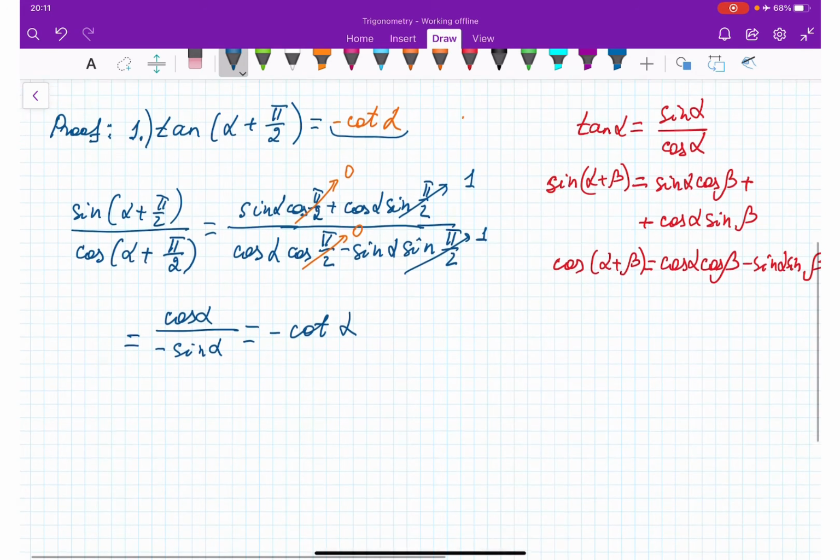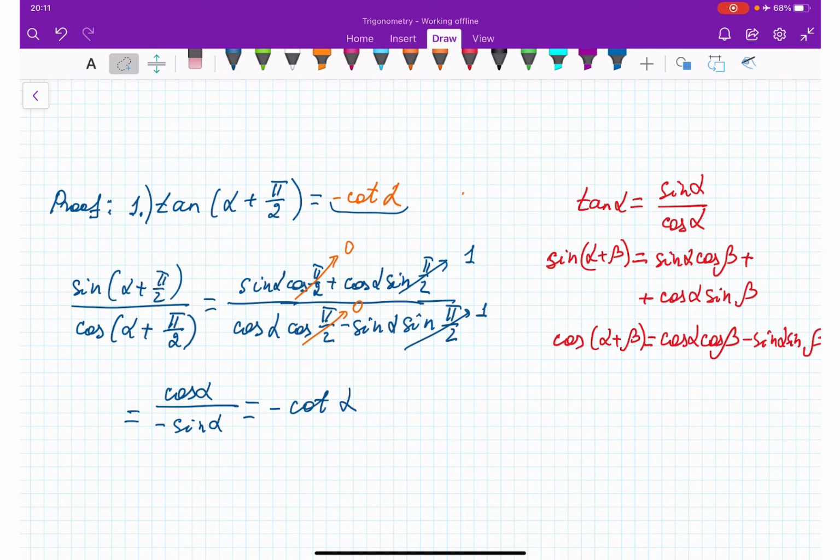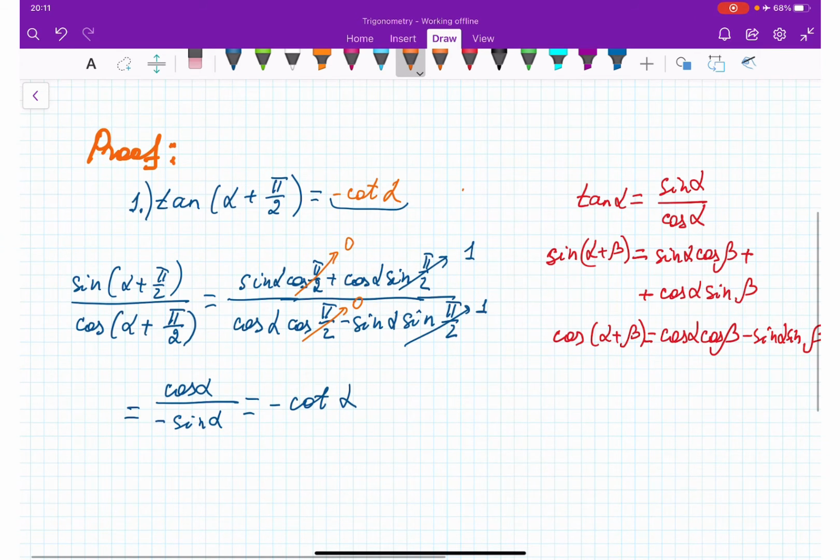Moving to the second one, I would put this proof here as a reference because we are going to prove some more. Okay.